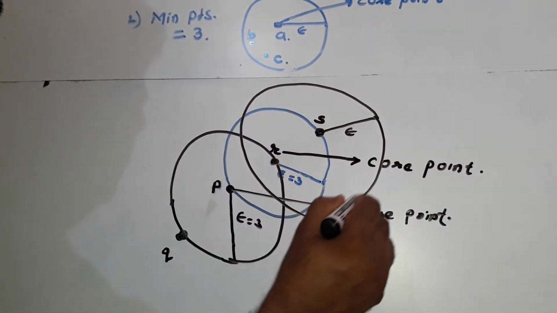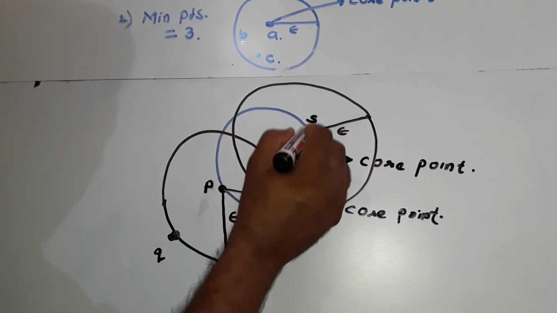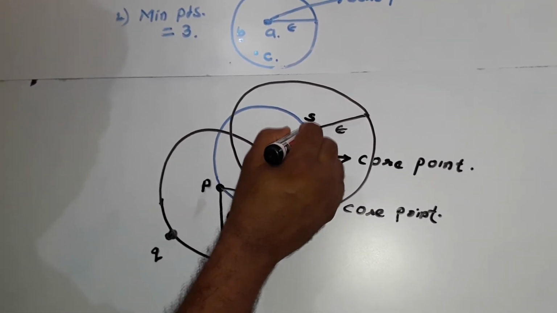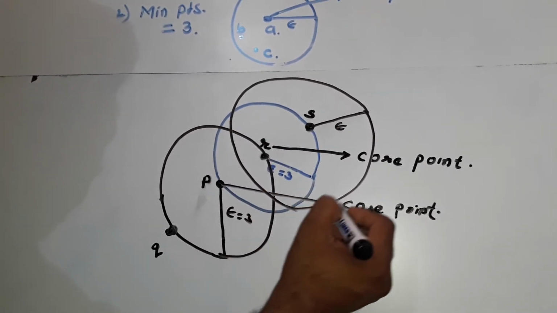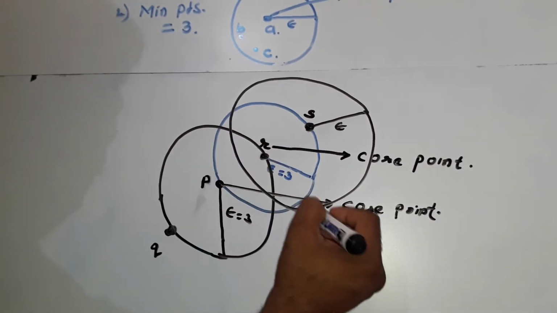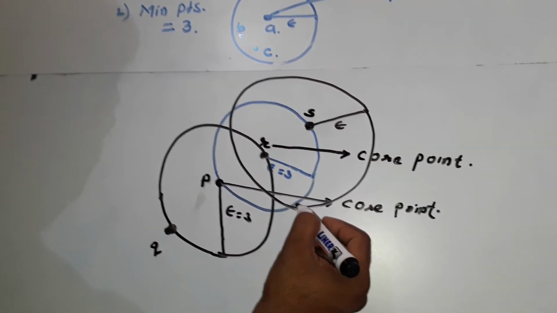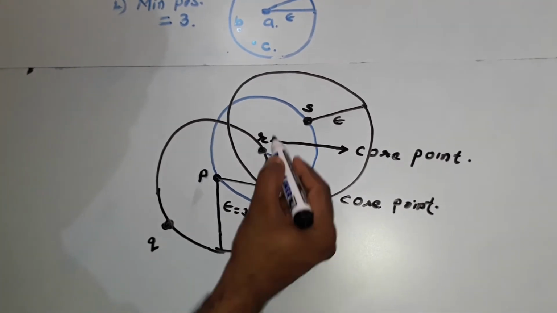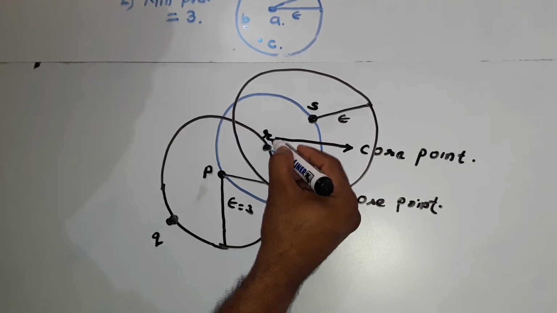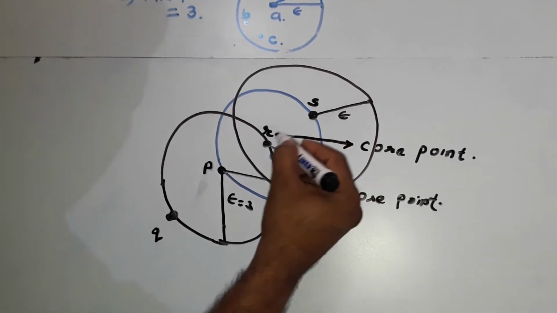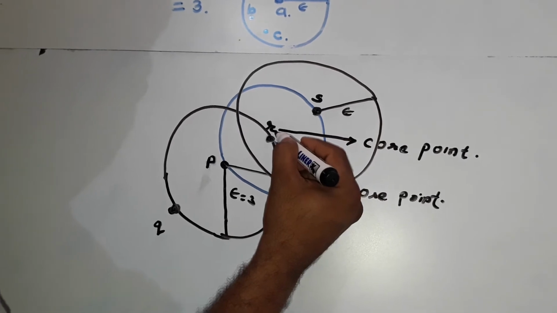To identify a data point as a core point, the minimum number of data points within the vicinity of the circle should be 3, right? But in this case we have only 2 data points within the vicinity of the circle.